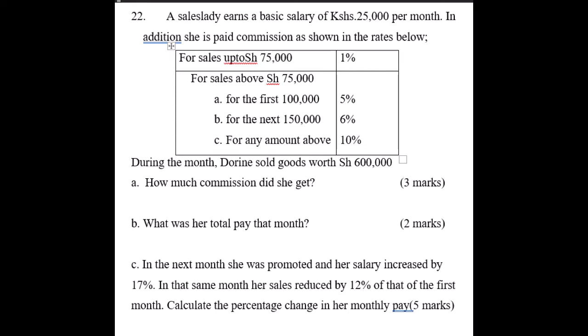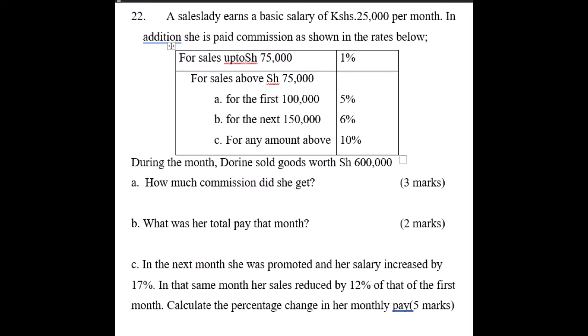Any other additional goods above that, the next 100,000, gets 5%. As the table tabulates, another 150,000 in sales gets 6%. Then any other amount cumulatively above that gets 10%. So determine, that's part A, how much commission this lady got.